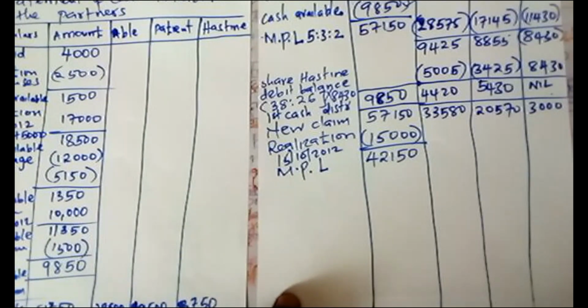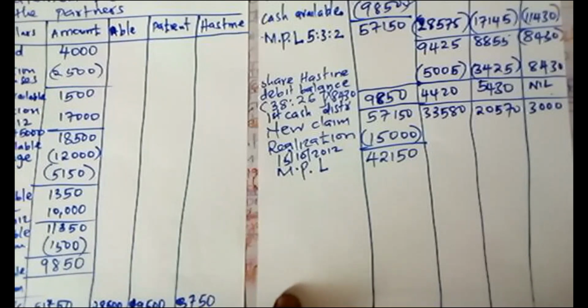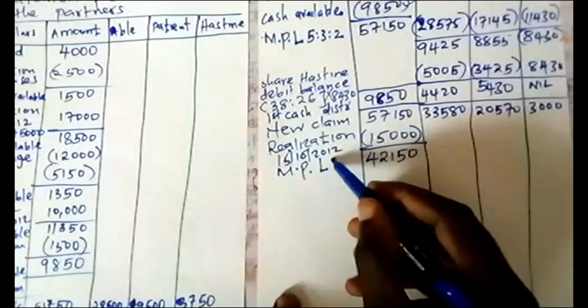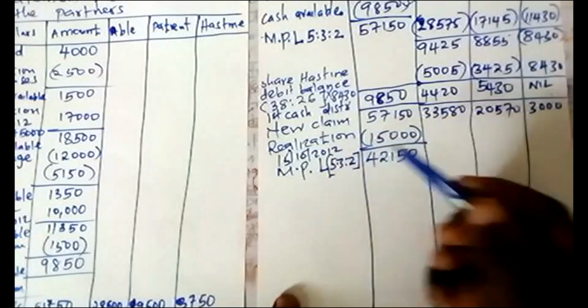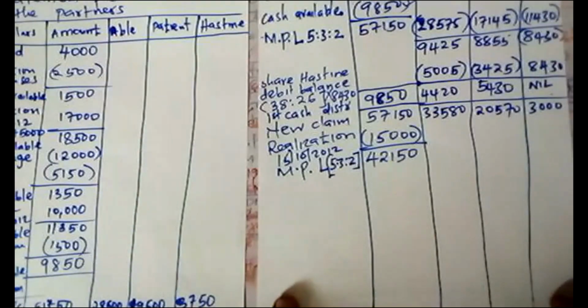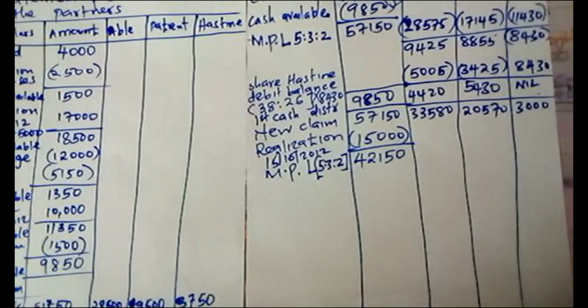This is the amount they could have lost. We say maximum possible loss. The maximum possible loss we share in the ratio 5 to 3 to 2. Share that one and give me the answers.